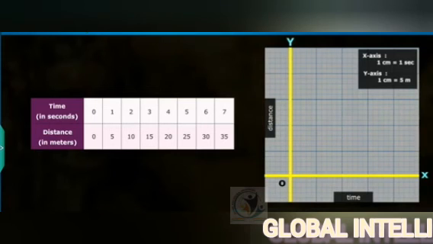Mark values for the time and the distance on the respective columns. From the table, the sets of values for time and distance are 0, 0; 1, 5; 2, 10; 3, 15; 4, 20; 5, 25; 6, 30; and 7, 35.